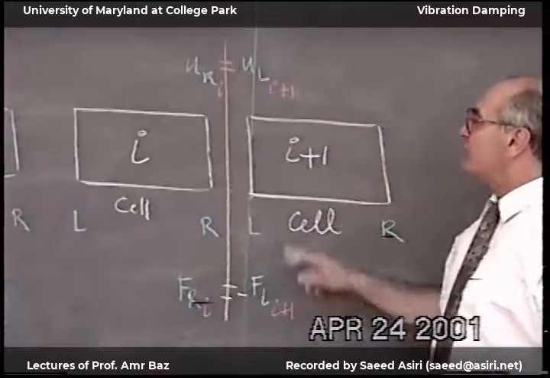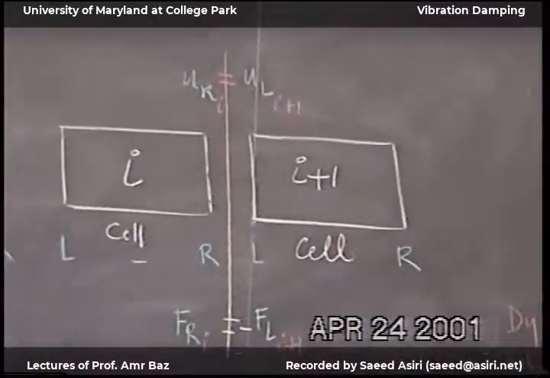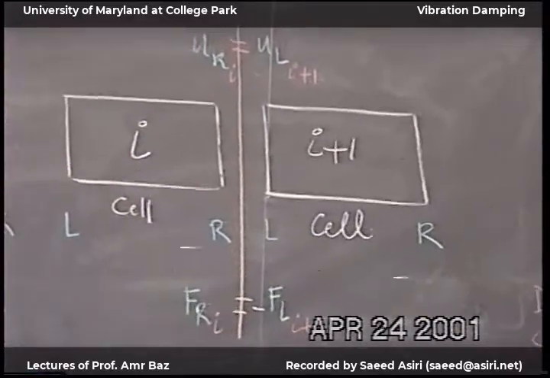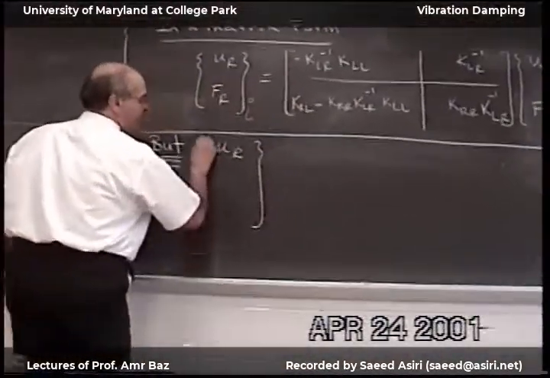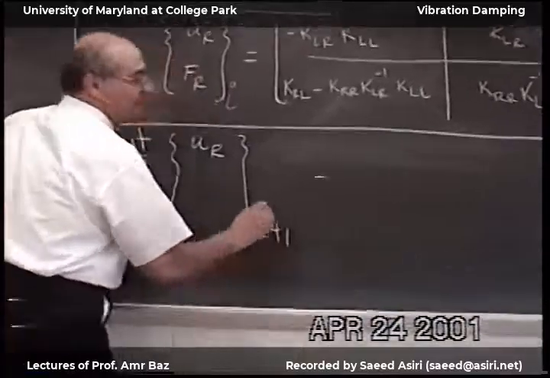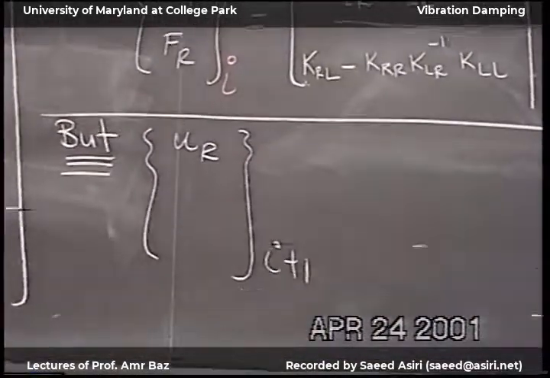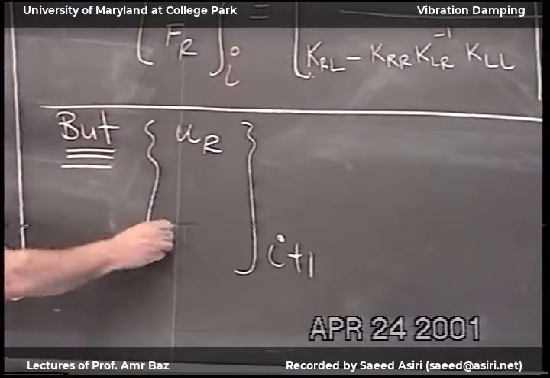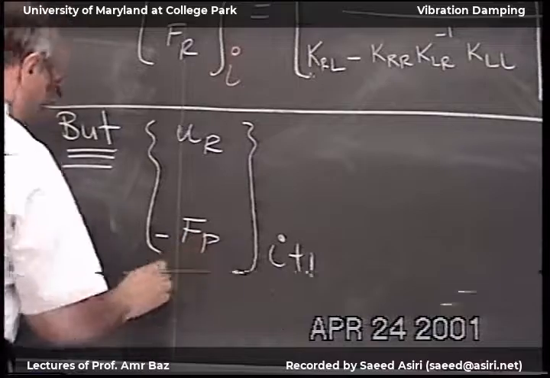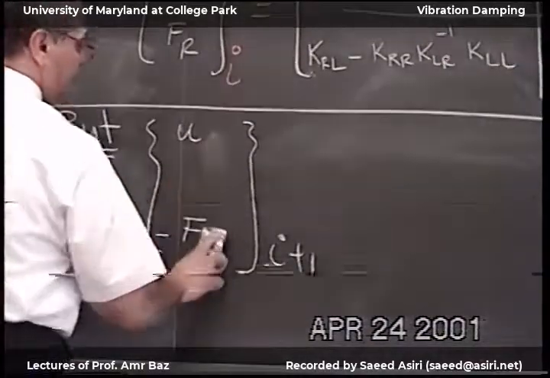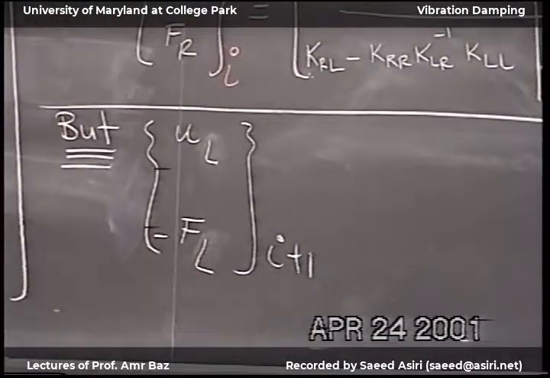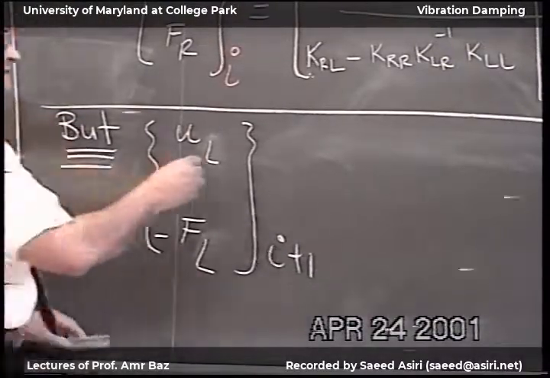Now I'm going to take these conditions and put them here. So now UR at I is equal to UL at I plus 1. The force at I is equal to the negative of the force at I plus 1. Okay, and then the rest is the same.